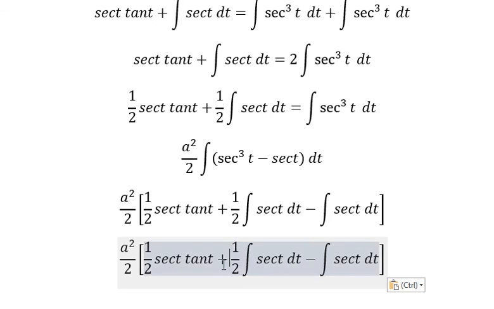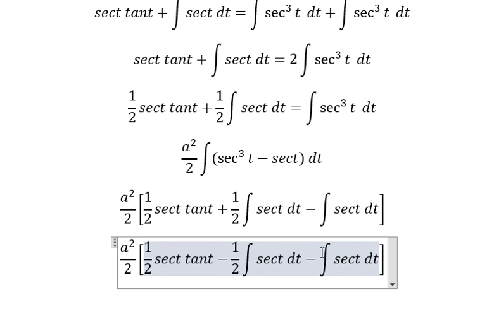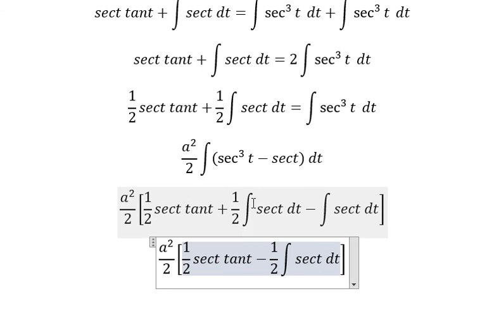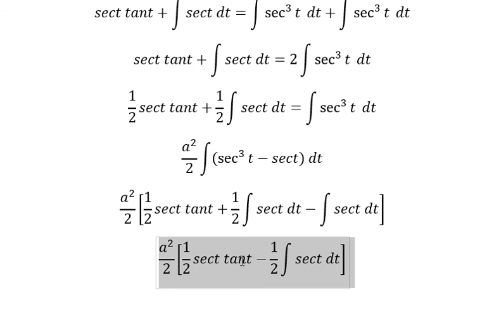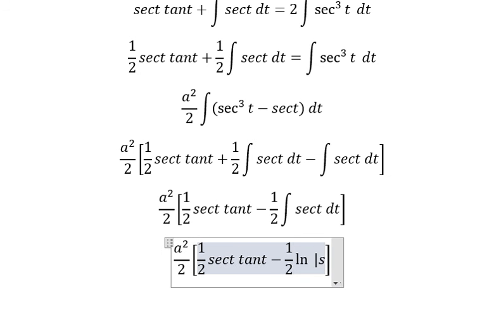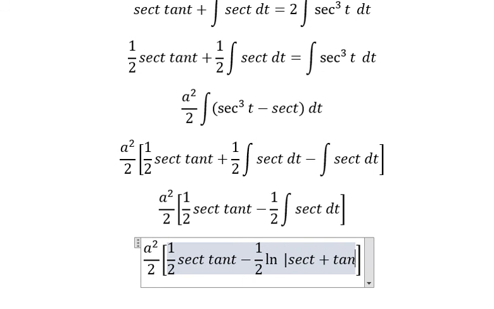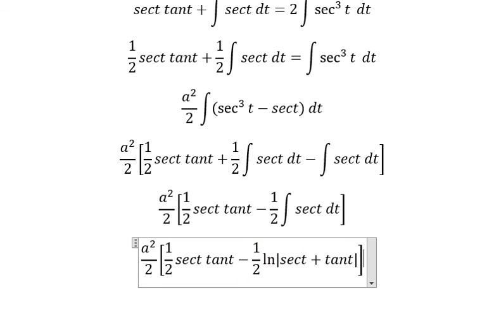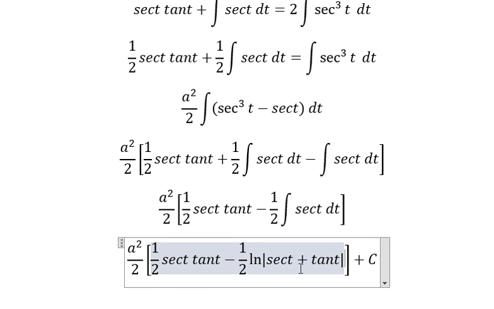This one you get negative 1 over 2. 1 over 2 minus 1, you get negative 1 over 2. And now we get the final answer. The integration of this one, you get ln of the absolute value of secant of t plus tan t. And we put c in here.